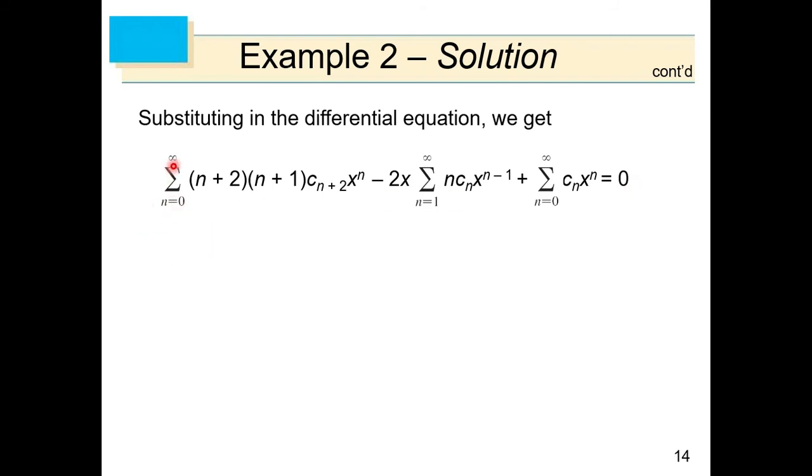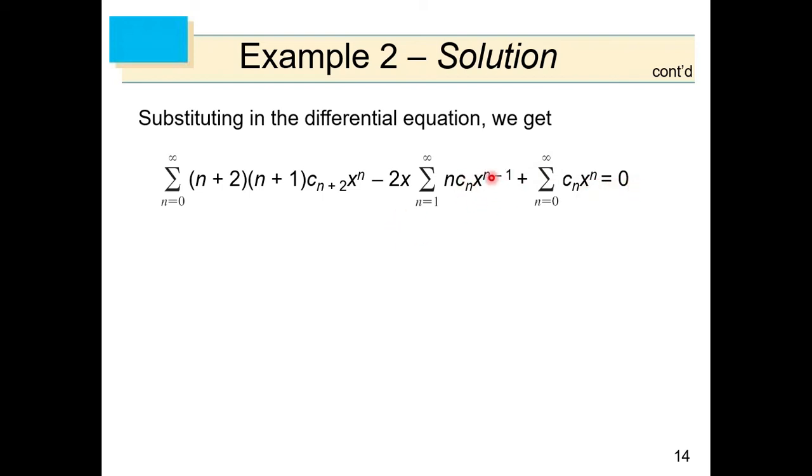Summation n is equal to 0 to infinite n plus 2 into n plus 1 into cn plus 2 into x raised to n minus 2x summation n is equal to 1 to infinite n into cn into x raised to n minus 1 plus summation n is equal to 0 to infinite cn x raised to n is equal to 0.